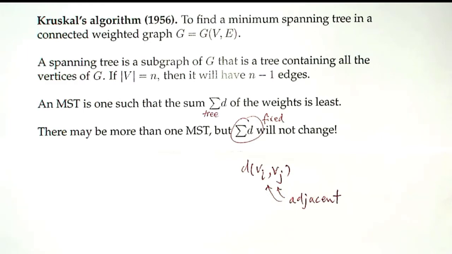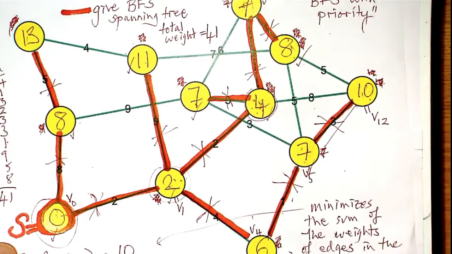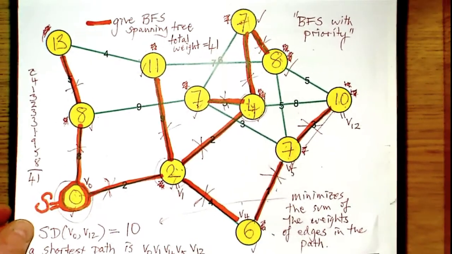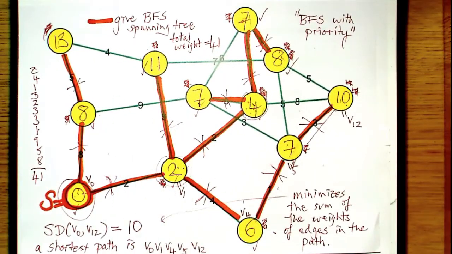Let me go back to the diagram. Okay, we did this yesterday. So we started with a graph with lots of green edges. The process of finding shortest paths, which you can forget about for the moment today, produced a tree consisting of the red edges. All the red edges form a tree because there are no cycles amongst the red edges, and all the vertices are connected to each other.